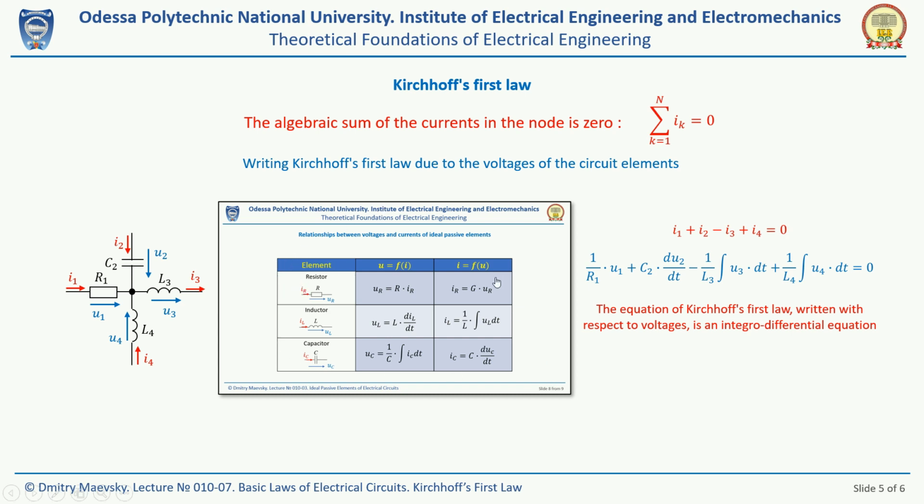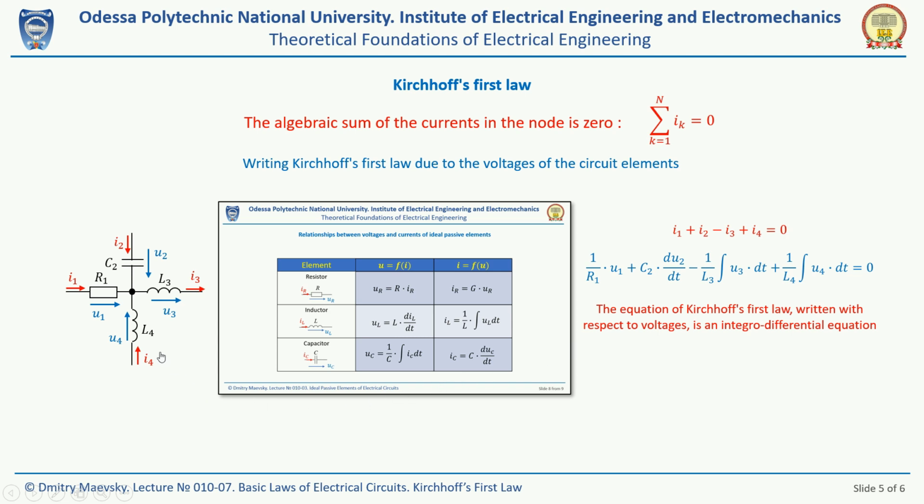The relations allow, in particular, expressing the current of each passive element in terms of the voltage on it. So, this is a possibility to write the equation of Kirchhoff's first law not through currents, but through voltages acting on the elements.